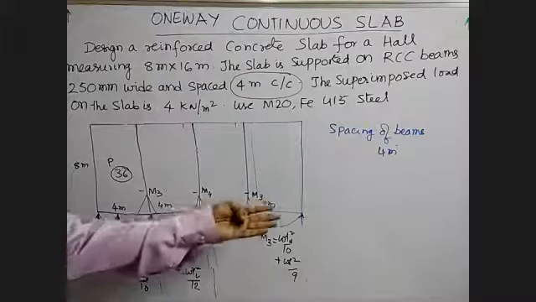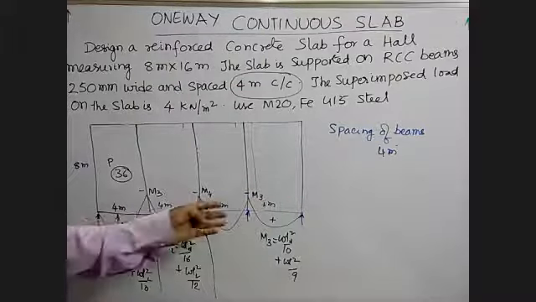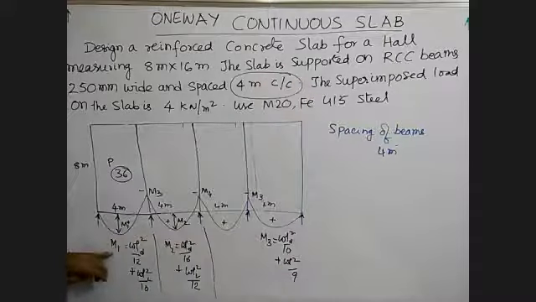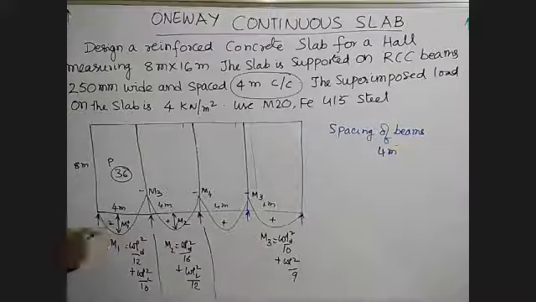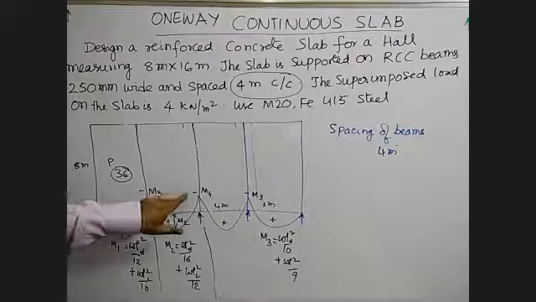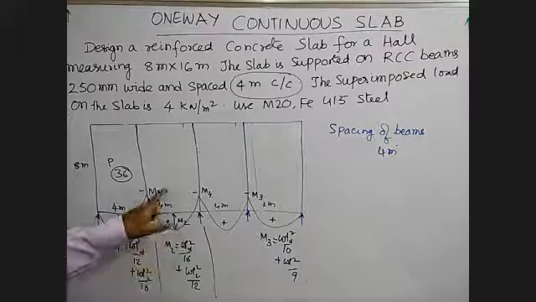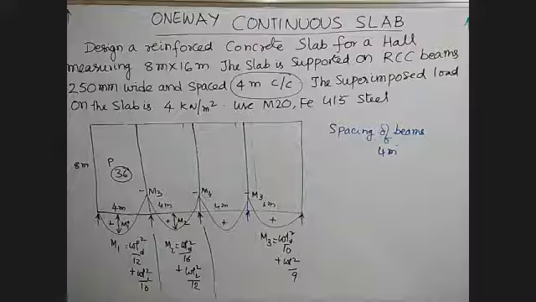It may be 6, it may be 3, it may be 8. If you have a number of continuous spans, you have positive bending moment and negative bending moment. M1 and M2 are the positive bending moments. M3 and M4 are the negative bending moments. So that is why the slab is to be designed for the positive bending moment as well as negative bending moment. So you have to calculate the steel, AST, two times.